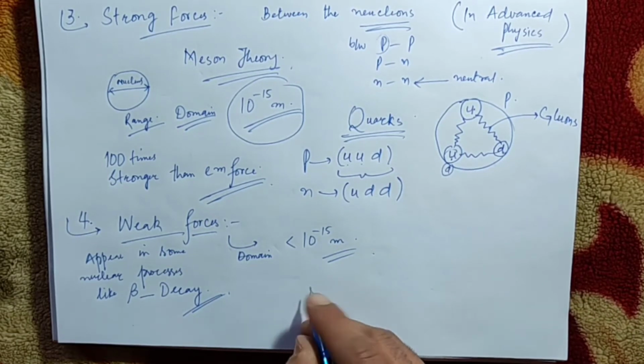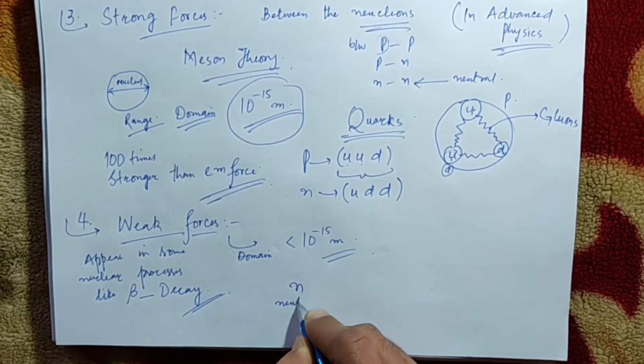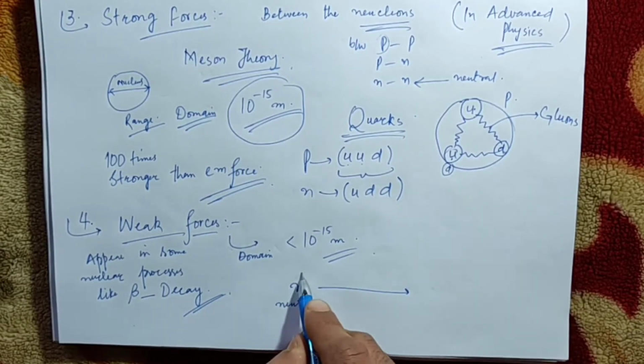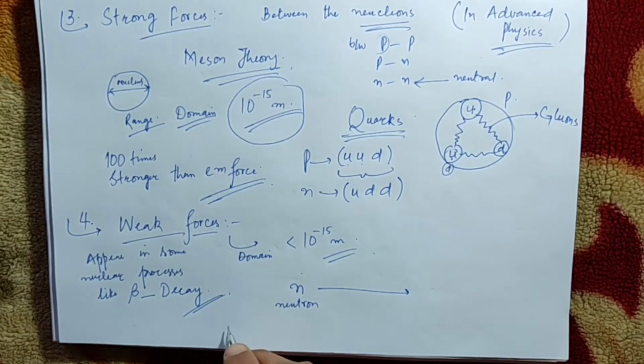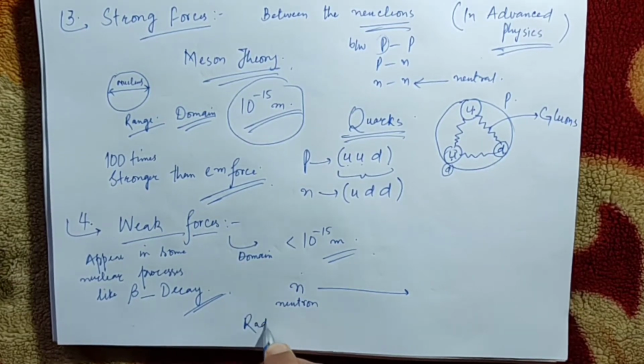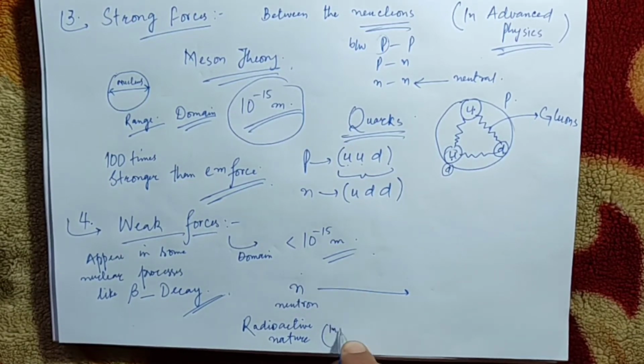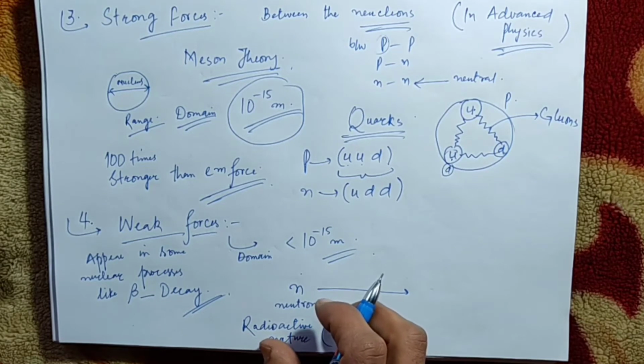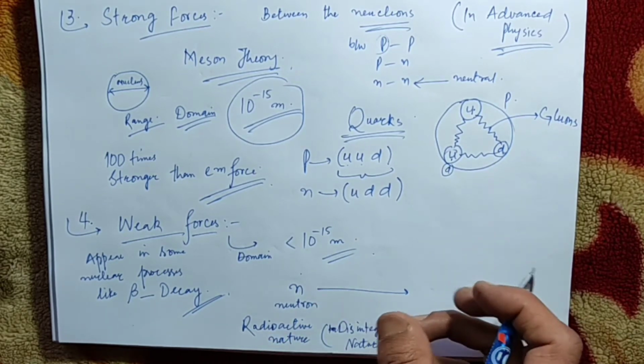If we have a particle neutron inside a nucleus with radioactive nature, that is, disintegrating nature, it decomposes into further smaller things with the passage of time.